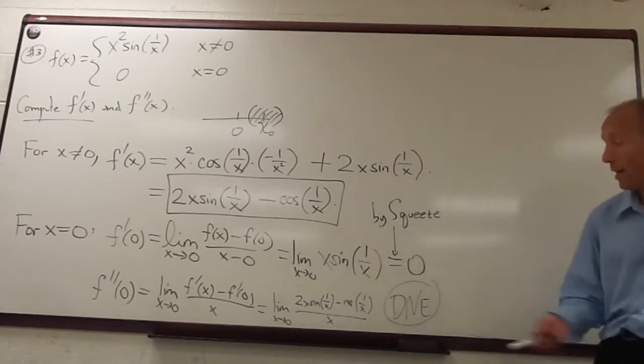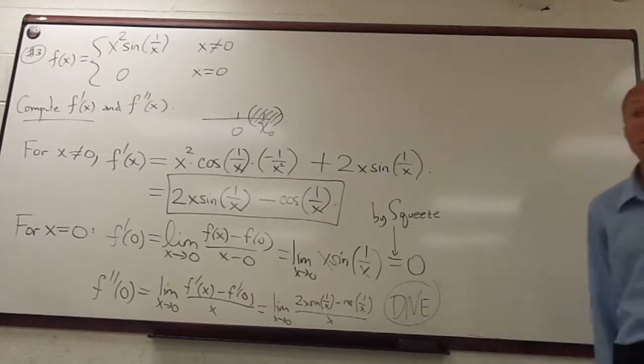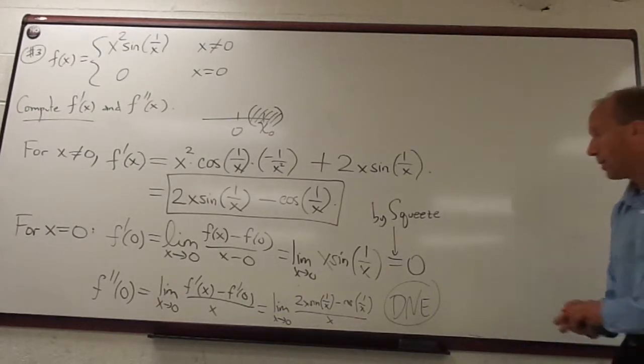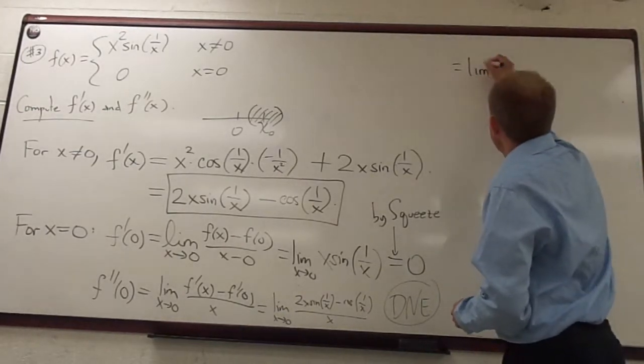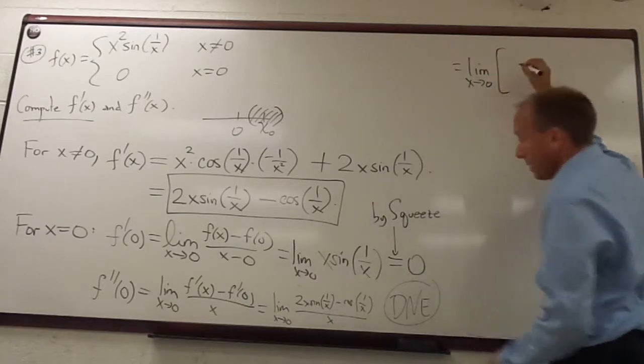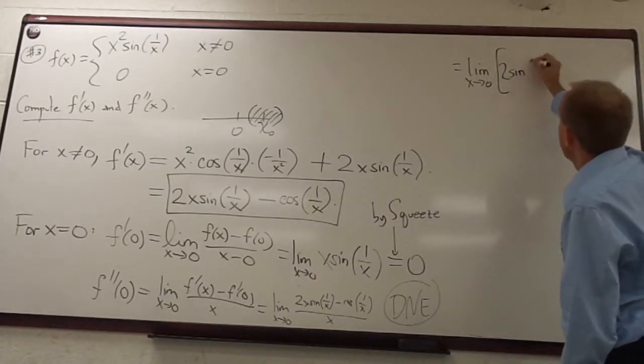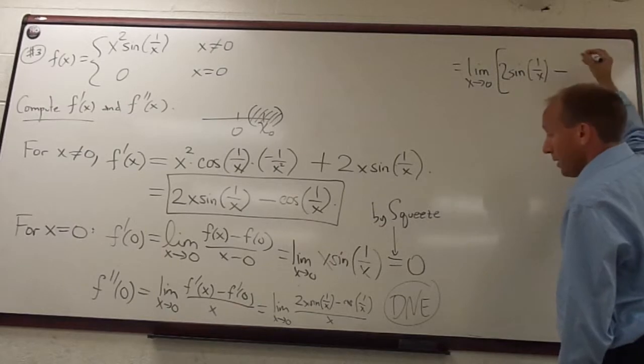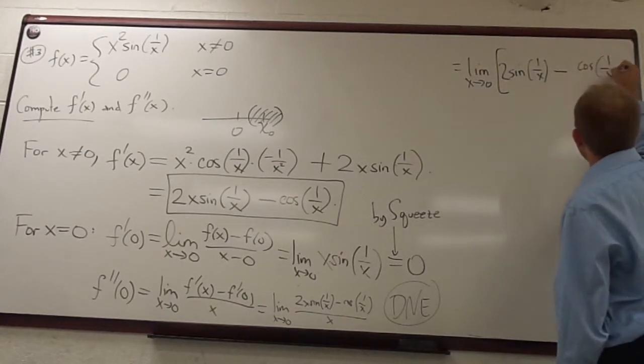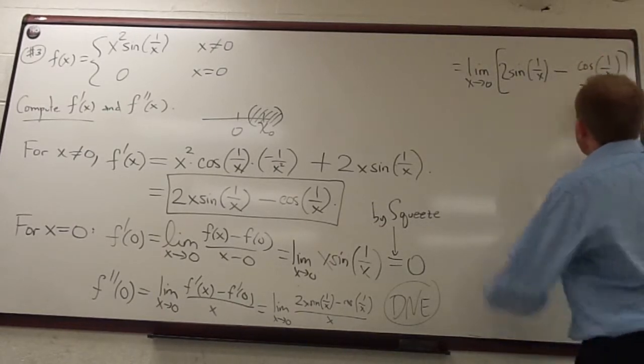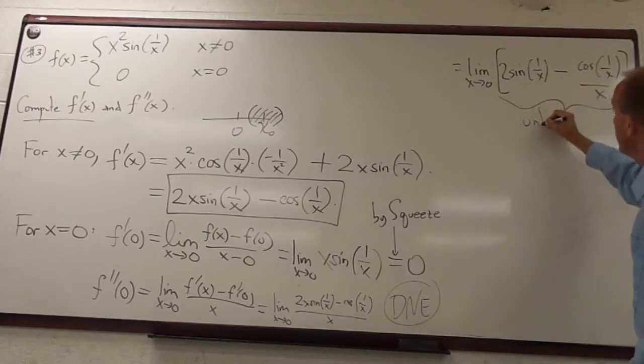So what you could just say is that this expression is unbounded. It's literally unbounded. In other words, if I were to break this up, it would be 2 sine of 1 over x minus cosine of 1 over x over x. That is just an unbounded expression.